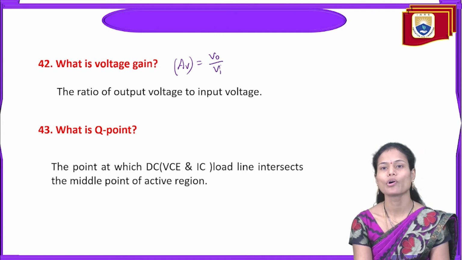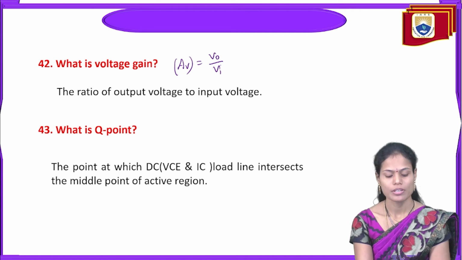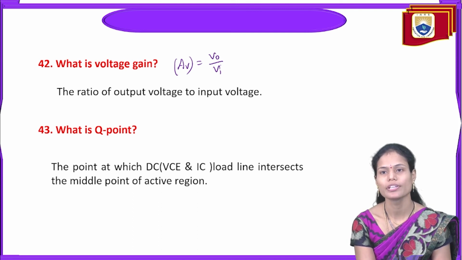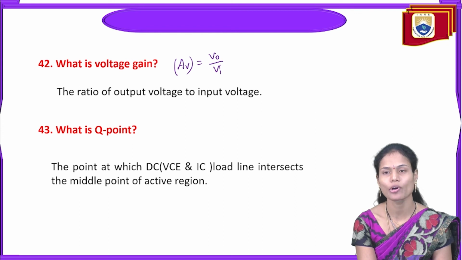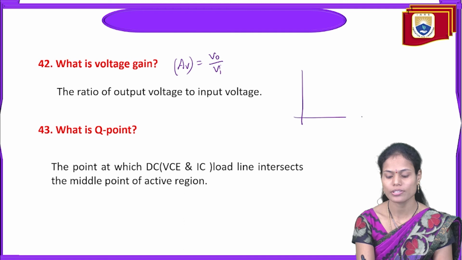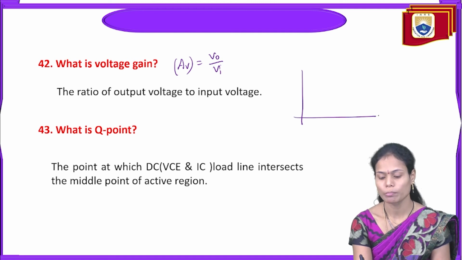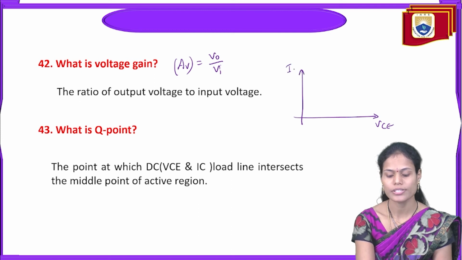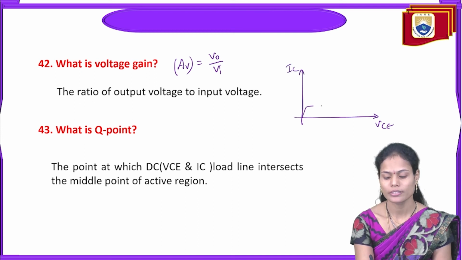And what is the Q point or operating point? The point at which the DC load line intersects the middle point of the active region is called the operating point. Generally, if we take the output characteristics of a transistor in the CE configuration, that is VCE versus IC characteristics, we get curves like this.